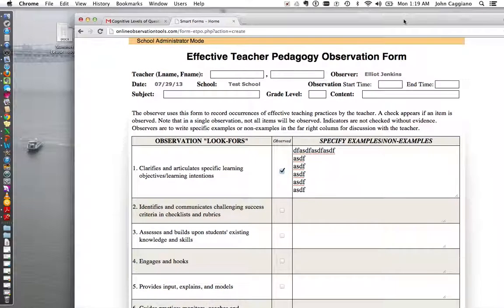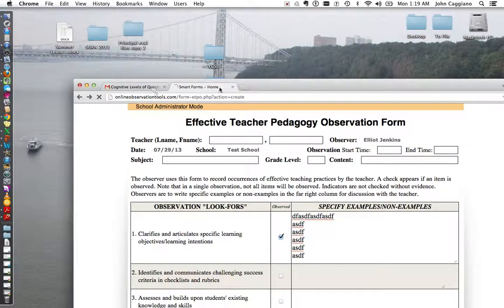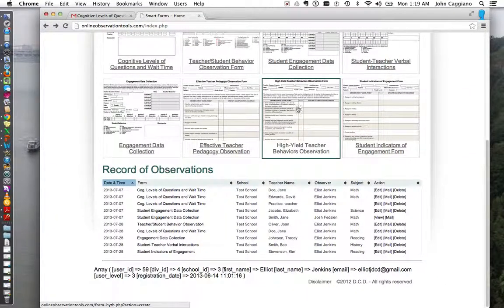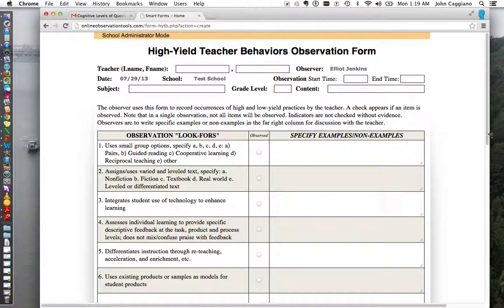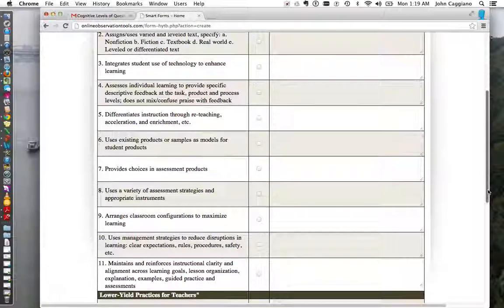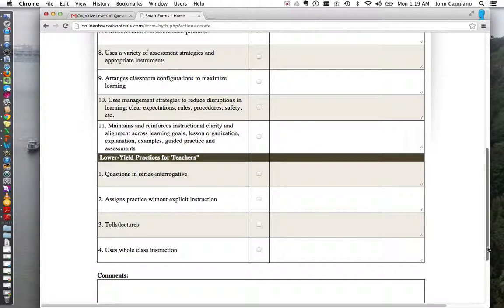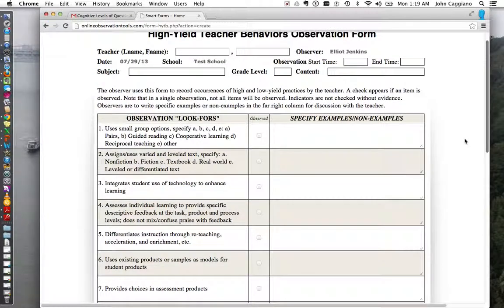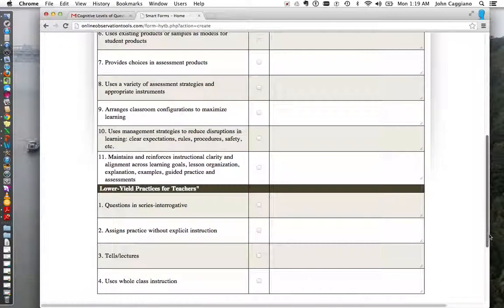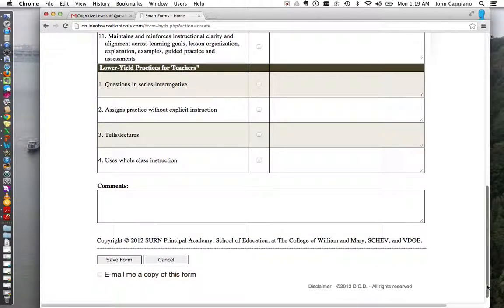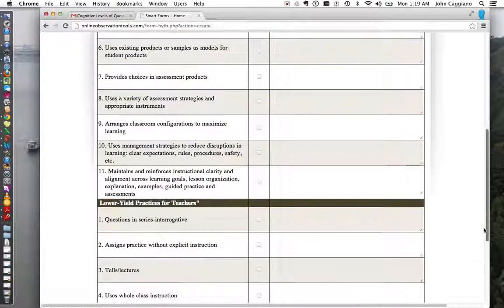Let me go back and take a look at the 3rd form. Again, all 3 of these forms are very similar in nature. They have between 10 to 13 look-fors, and each of the forms also has between 4 and 5 lower yield practices for teachers.